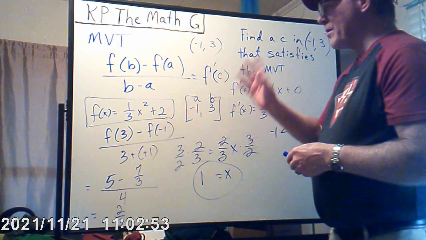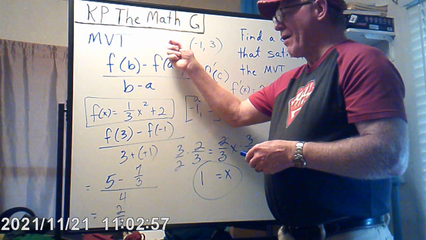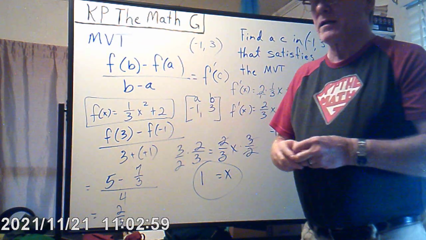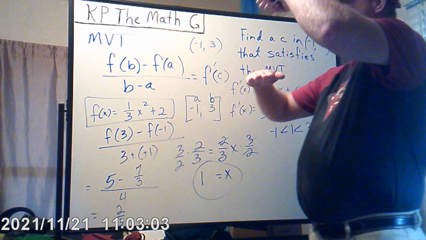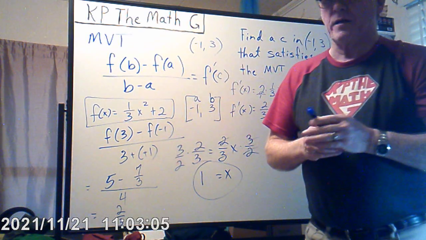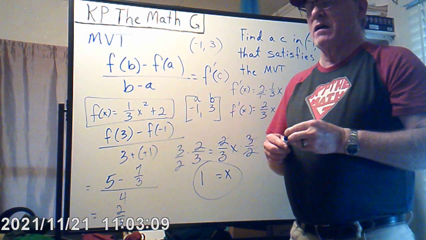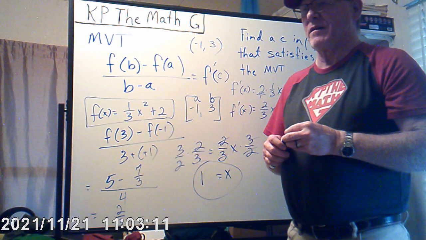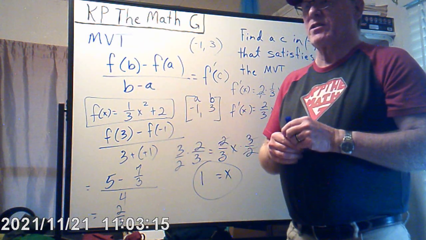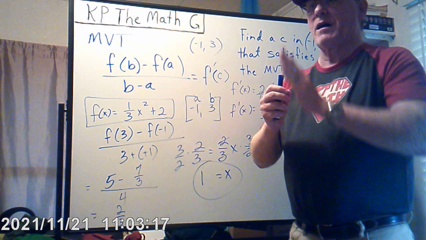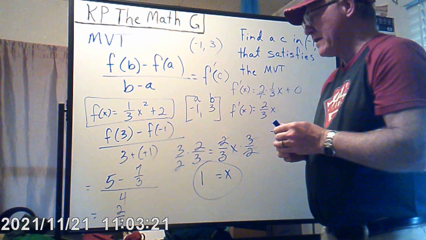Going back to Rolle's theorem, we said that f at a equals f at b, alright? And so that simply means that we need to find at least one c between a and b such that the slope is a horizontal slope there.